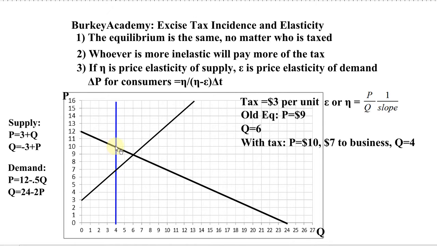The price for the consumers is going to be 10. The price the producer gets to keep, you can think about this as net revenue after they pay the tax, is going to be $7. So you can see those two prices right there, 10 and 7. Now, let's compare that to the original equilibrium price here of $9.